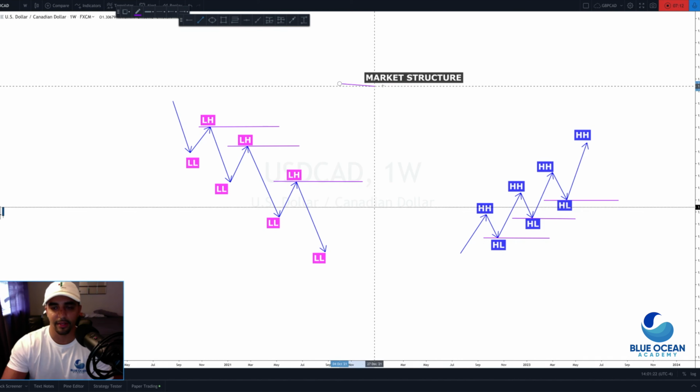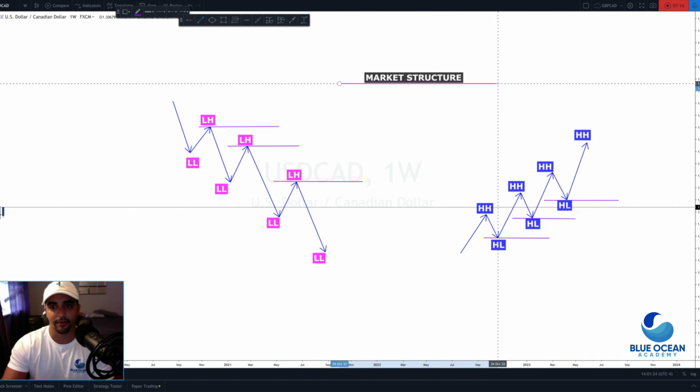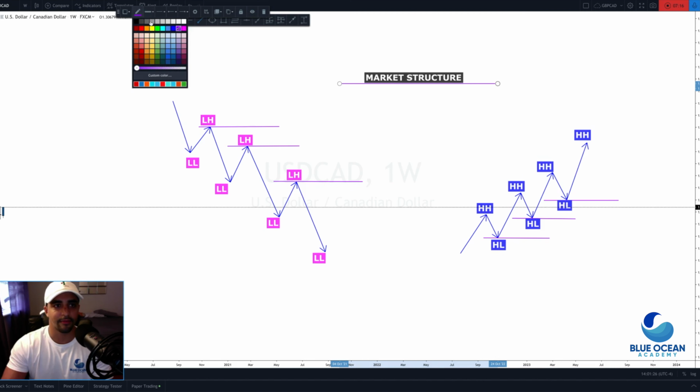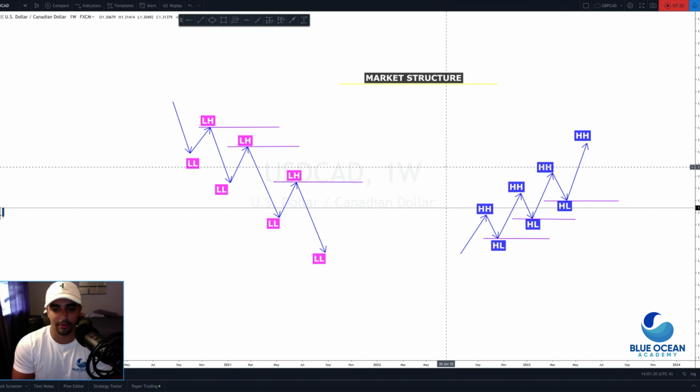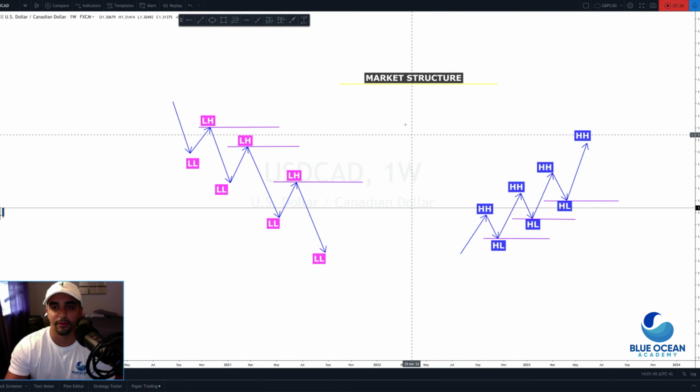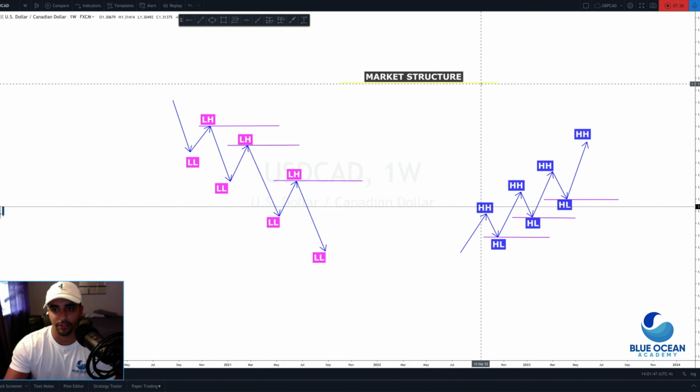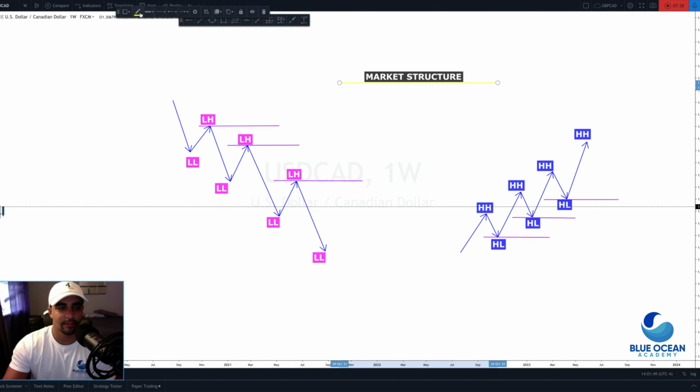Depending on your trading style, if you're a swing trader, you're going to base your market structure off of higher time frames, such as daily and weekly. If you're an intraday trader like myself, you're going to look at daily, H4, and sometimes even lower, into H1. But for right now, we'll focus on market structure off of H4 for this example.